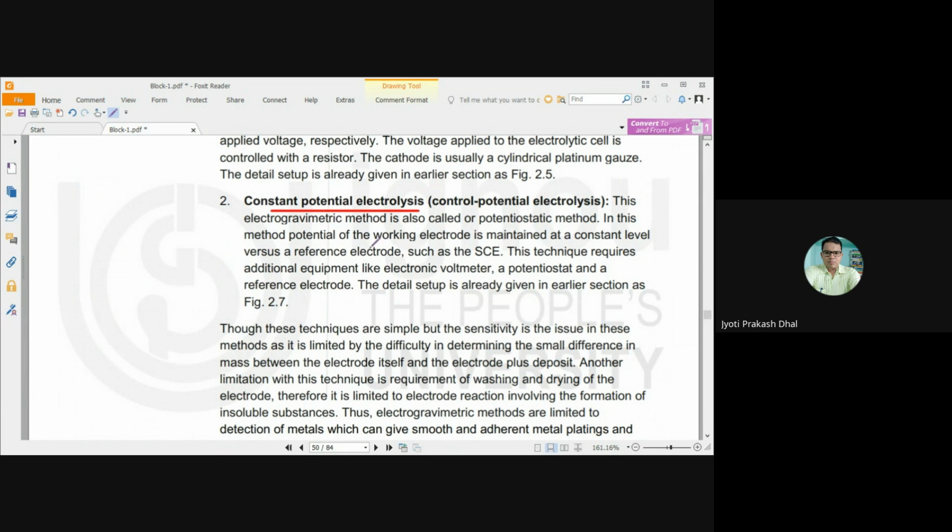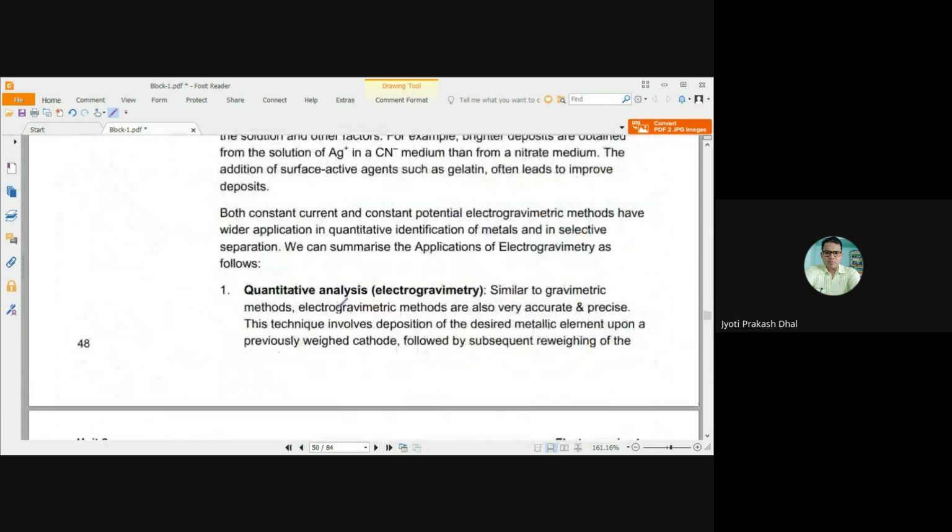In this case, the electrogravimetric method is also called a potentiostatic method. In this method, the potential of the working electrode is maintained at a constant level versus the reference electrode. This technique requires additional equipment like an electronic voltmeter, a potentiostat, and a reference electrode.